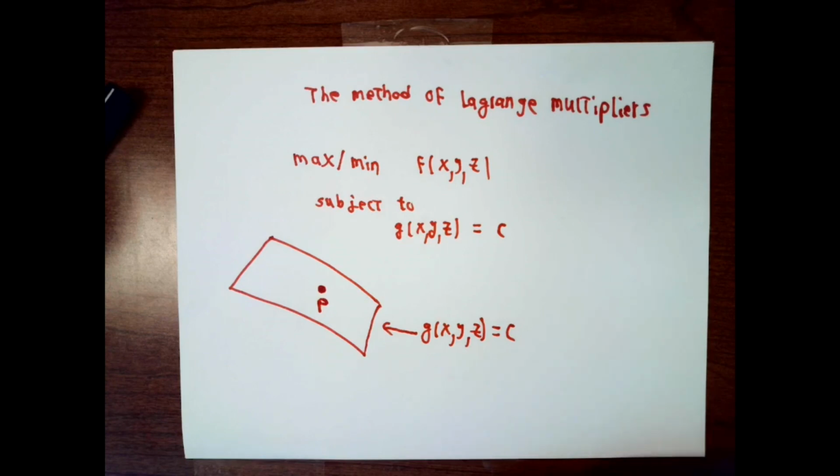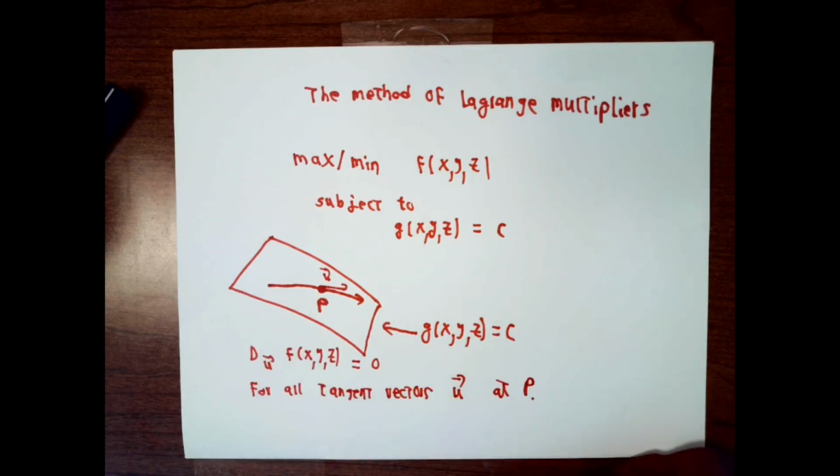Imagine that I have a point, P, that lies within that surface, and at that point P, there is no point in the surface close to P where I have a larger function value, so that I have a local constrained maximum point at P. If I draw a curve in the surface, g of x, y, z equals constant, that passes through P, if I really have a local maximum within the surface, then we can say something about the gradient of the function itself.